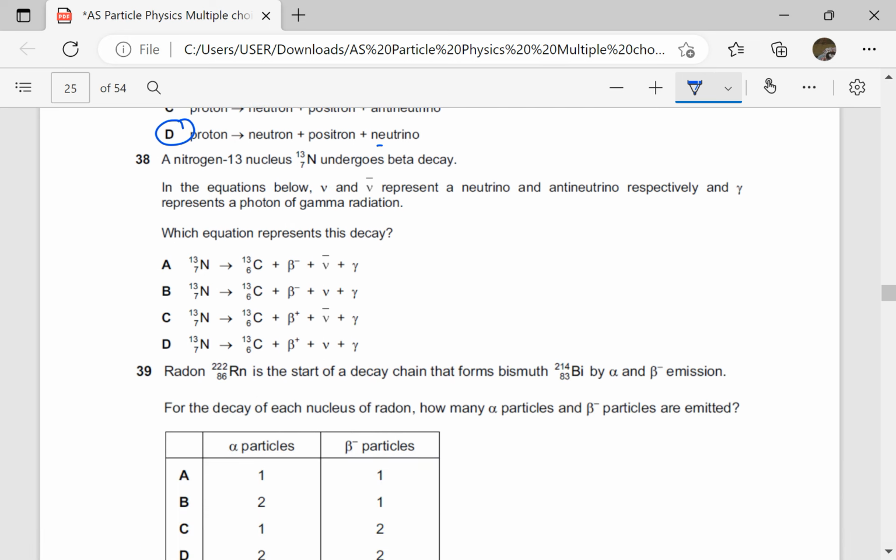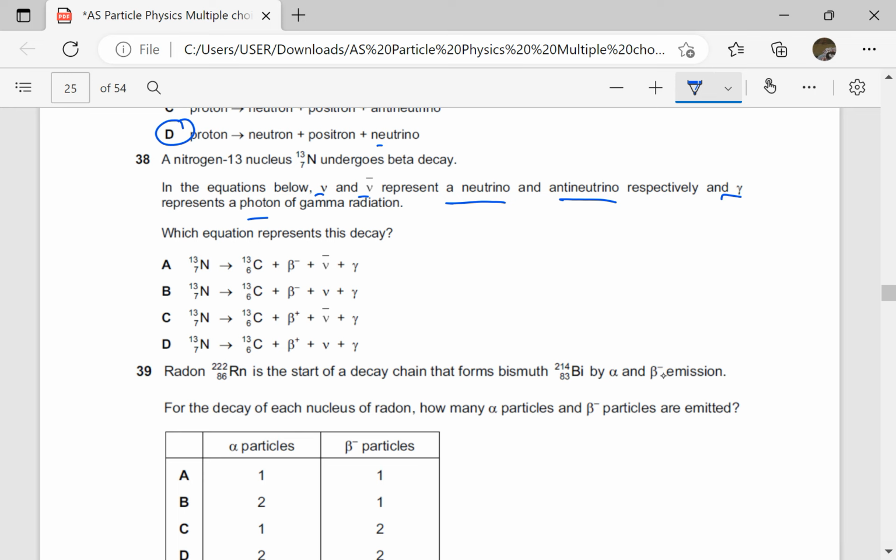A nitrogen-13 nucleus undergoes beta decay. In the equations below, the two symbols represent a neutrino and an antineutrino respectively, and gamma represents the photon of gamma radiation. Which equation represents this decay? So it is undergoing a beta decay. We can just verify that whenever beta minus is emitted, it is accompanied by an antineutrino.